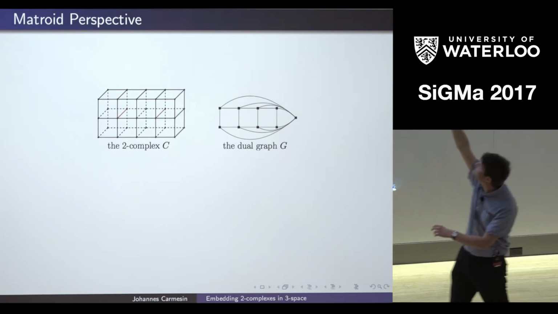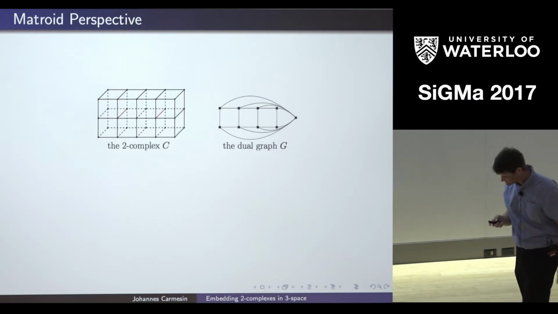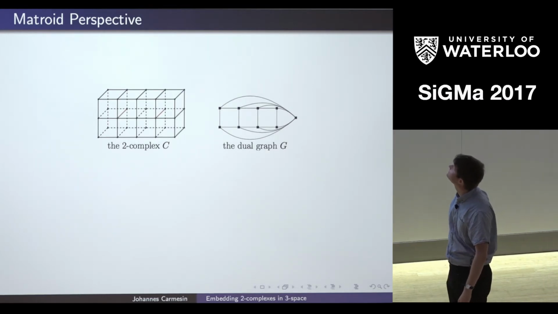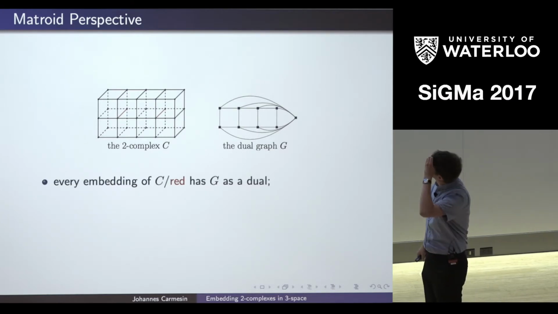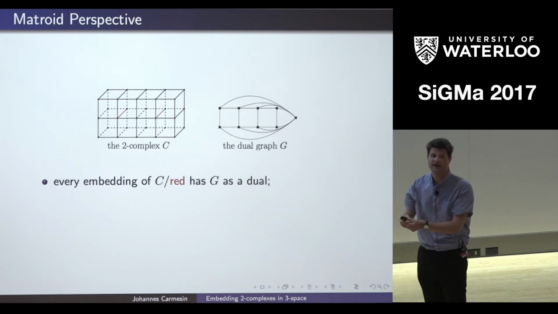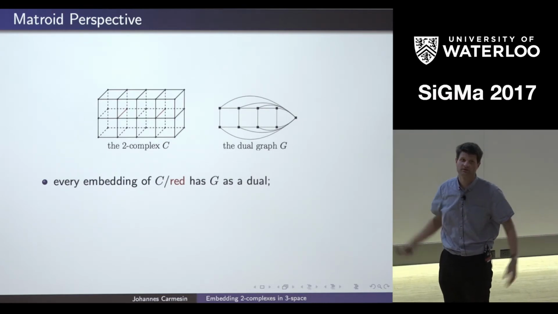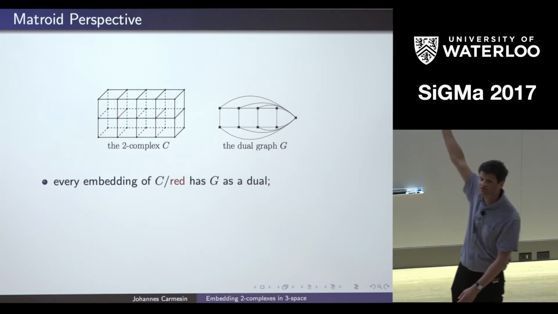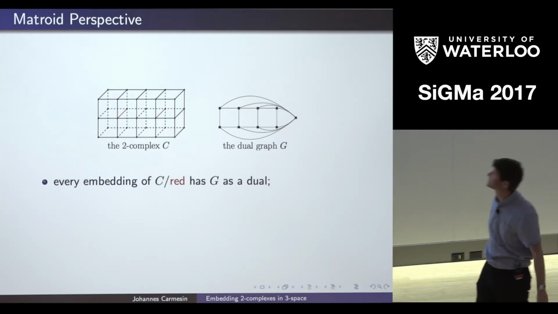So that's the dual graph of that complex. Now, what you can just compute is that if you identify the two red edges, you still have the same dual matroid. And it's still represented by that graph because that graph is reconnected, so it's a unique graph representing that matroid.